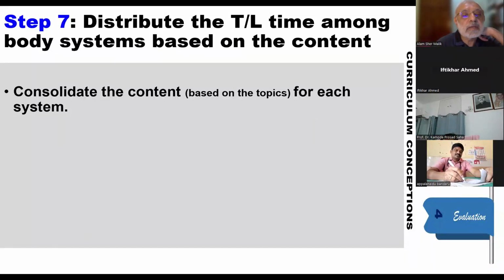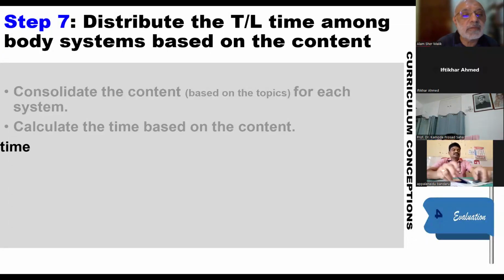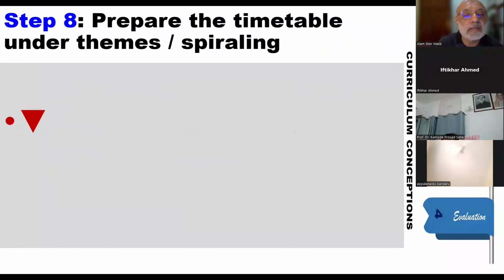So we consolidate the content for each system, and then calculate the time based on the content. I have given the example previously, how we calculate and distribute the teaching, learning, and assessment time available proportionately. And then we prepare the timetable under themes.